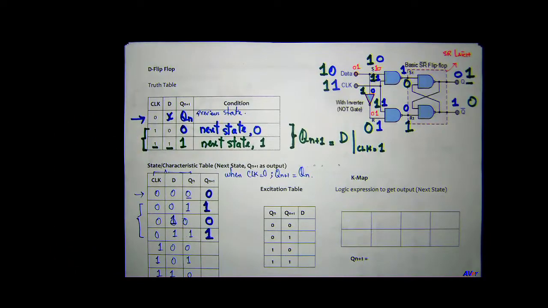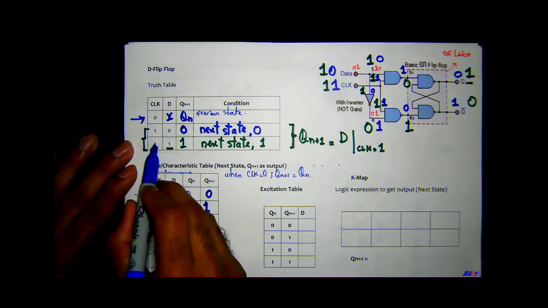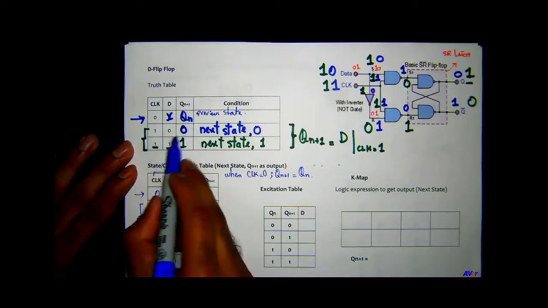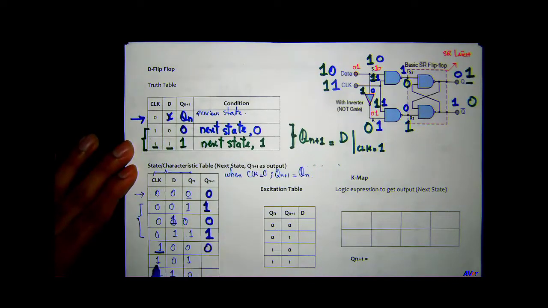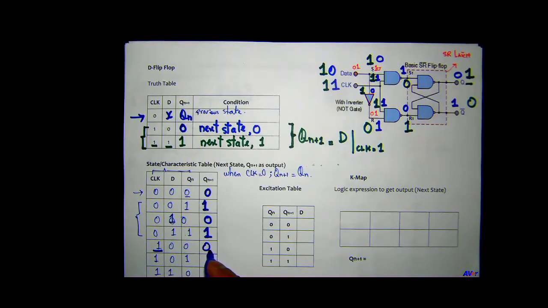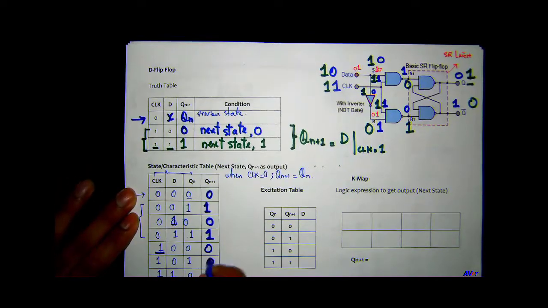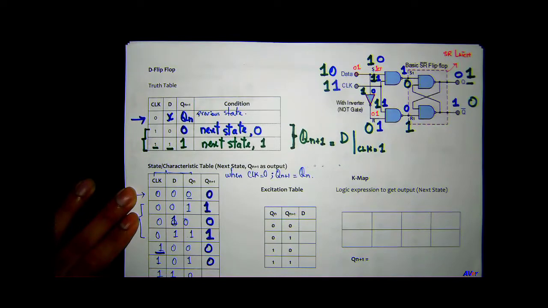Okay. Now clock is 1, D is 0, next state is 0. Clock is 1, D is 0, the next state is going to be 0. Clock is 1, D is 1, next state is going to be 1.